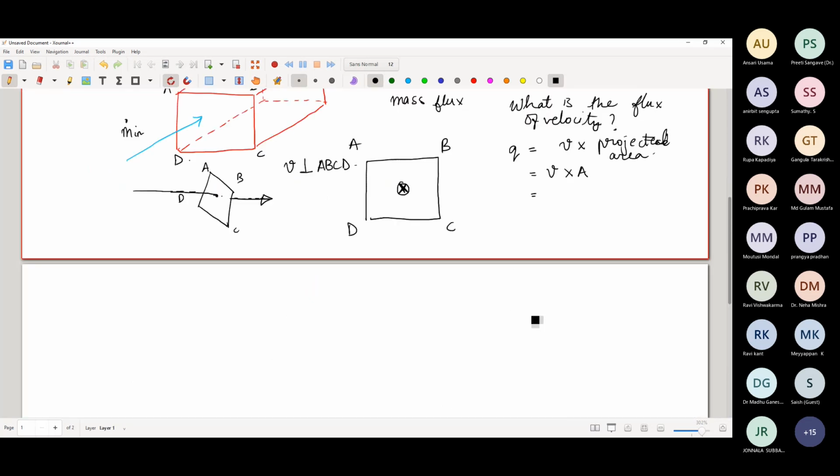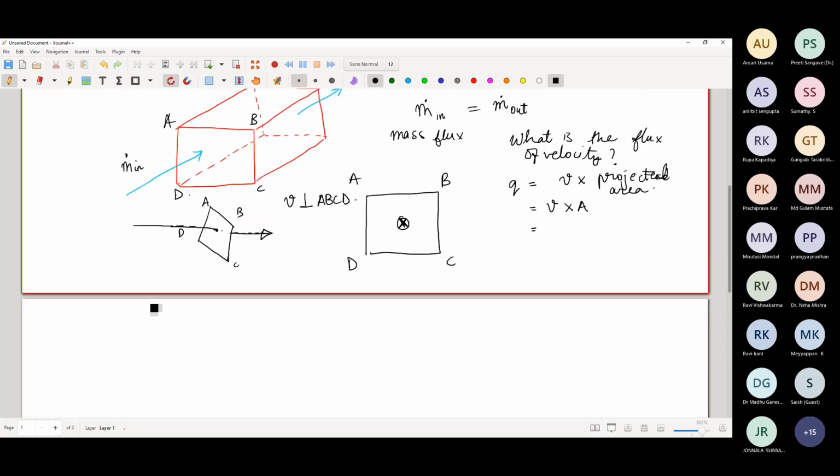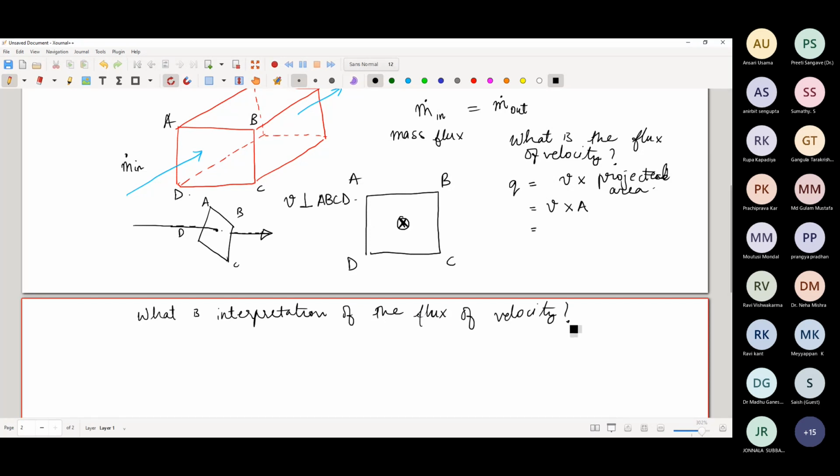Now let us see what this flux of velocity actually can be interpreted as. What is the interpretation of the flux of velocity? So let us say we have this same area A, B, C, D, and there is some velocity V over here.